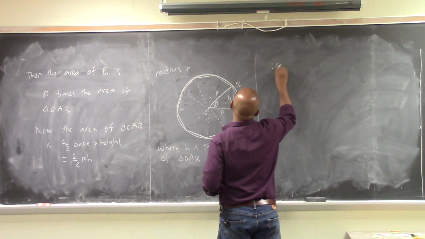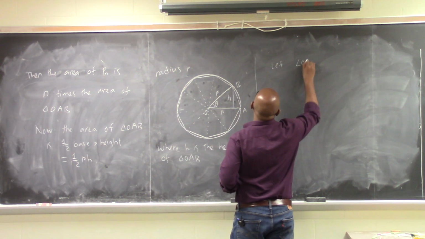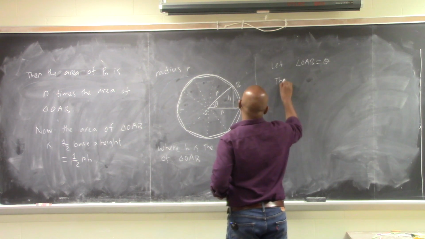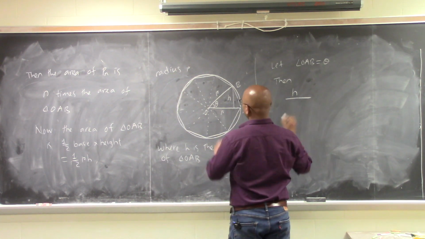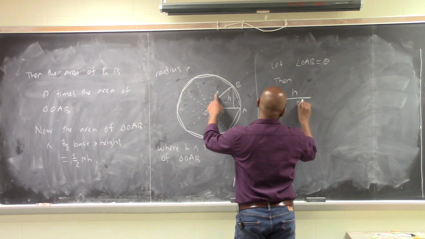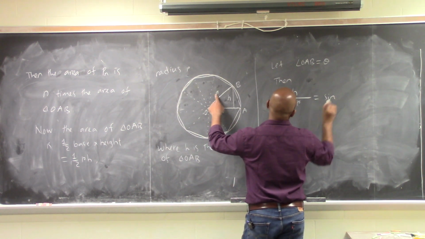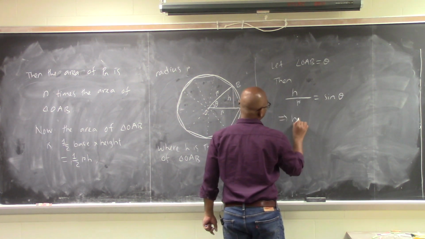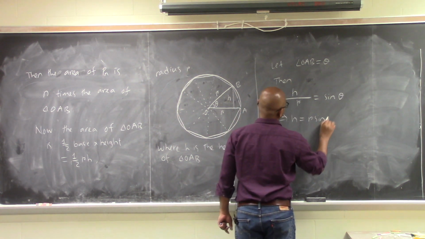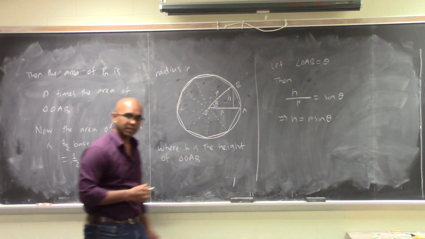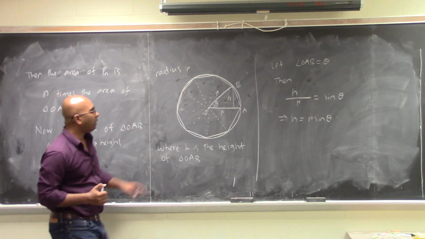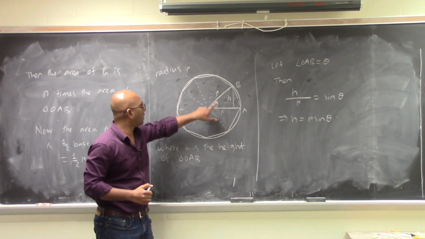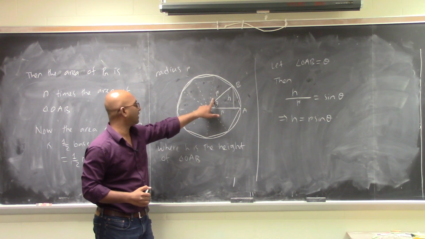And opposite over hypotenuse is sine theta, so we can use that relation. So let this angle OAB equal theta. Then h over r, which is opposite over hypotenuse, is sine theta. That means h equals r sine theta. By the way, what is theta? Notice this is theta, that is theta, that is theta.